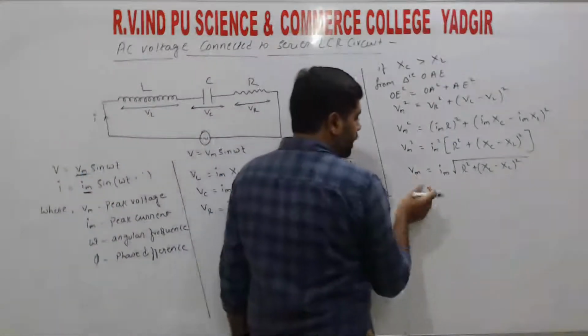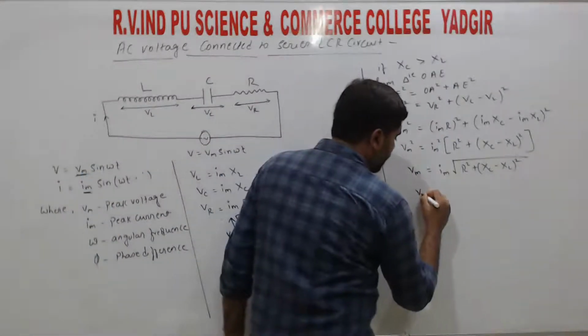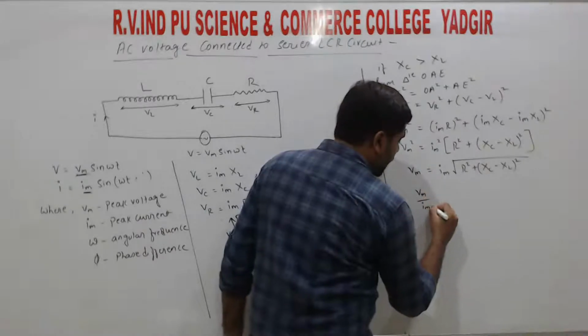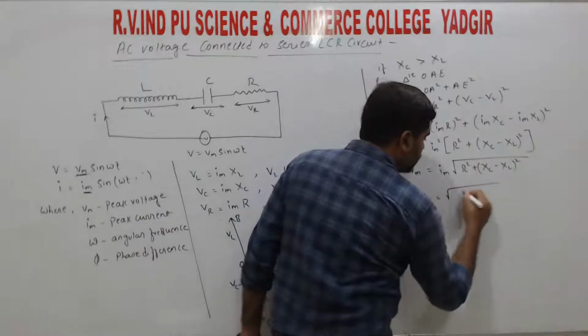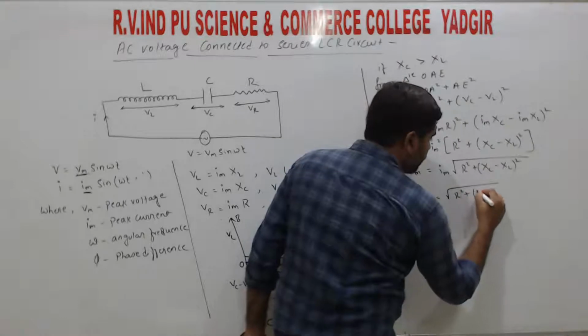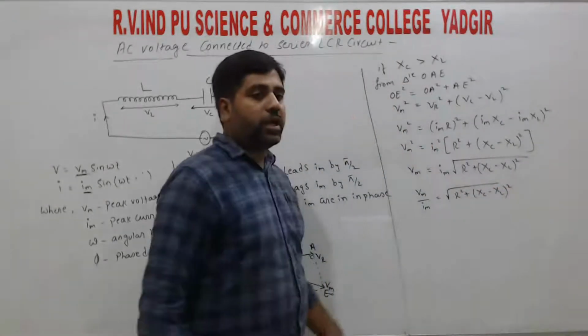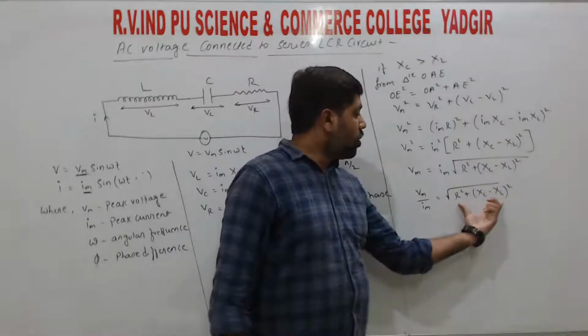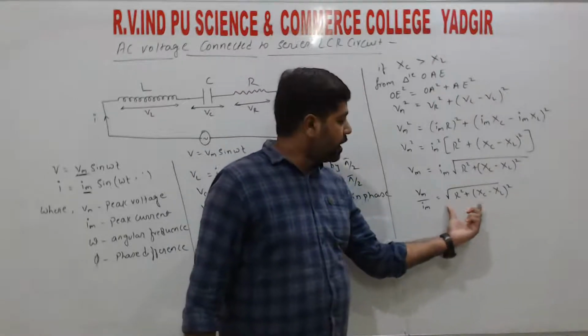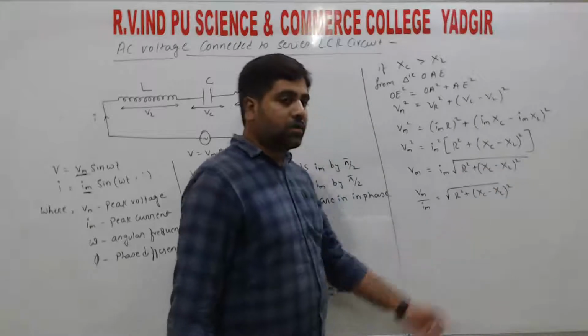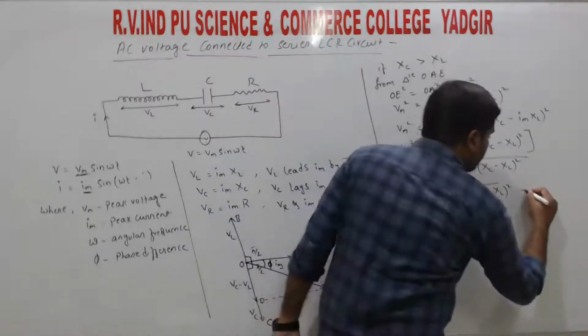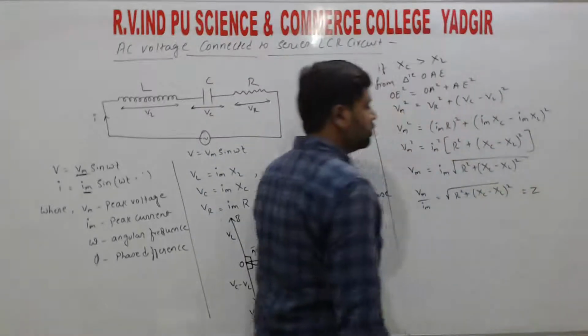So now we can take this one as Vm divided by Im, that is equal to the square root of R square plus Xc minus XL whole square. So here R, Xc, XL, all these are constants. So we can replace this term with another constant, that we call Z, right?